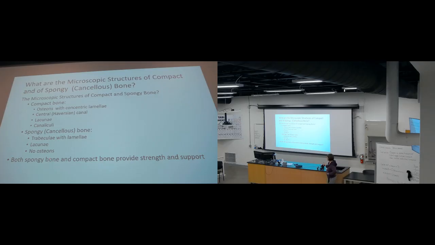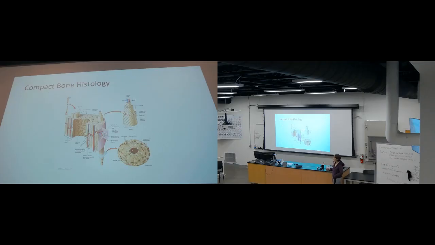And it's in these trabeculae where you have the lamellae. The lamellae, as in compact bone, are like onion rings around the center of the bone. And both of them, whether spongy or compact, provide structural support and strength to our bones.